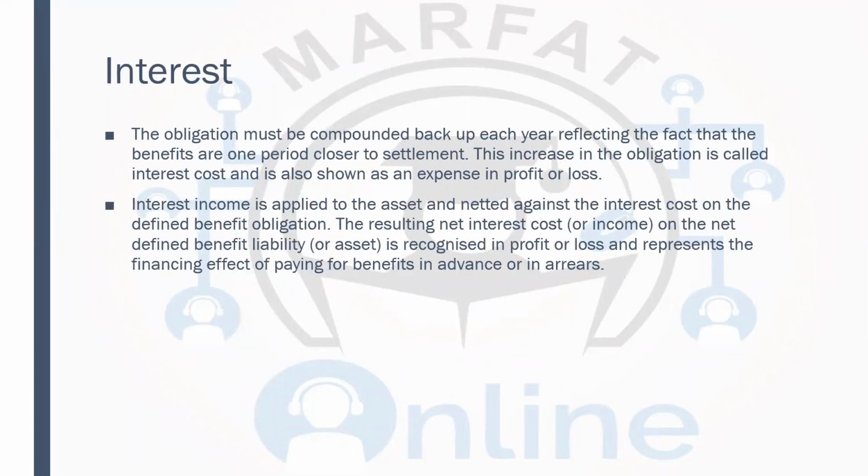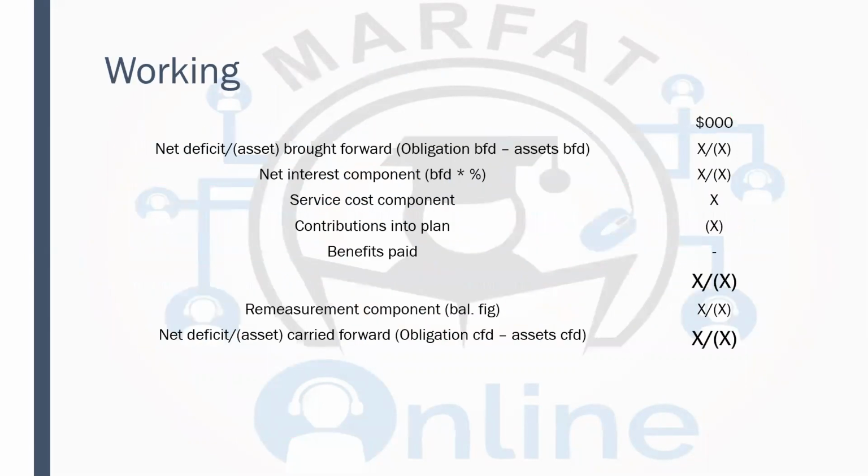Now, interest basically is a net interest component, because you will see in the working. There are different methods of doing the working of this IAS 19, but what I'm showing is the simplest method. Many students, in many books, many tutors make a separate T account for the plan obligation and a separate T account for the plan assets.